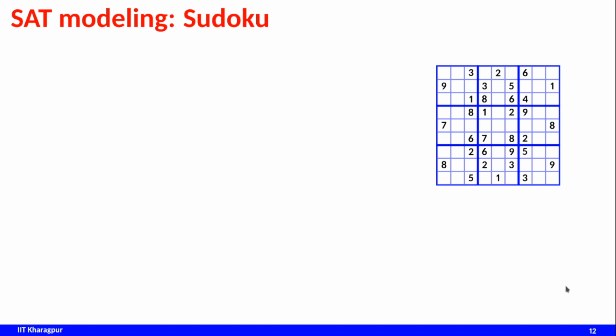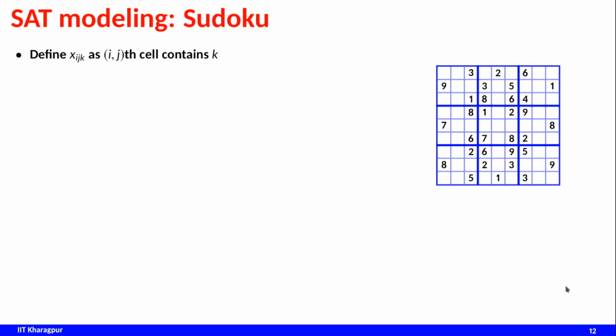Now let us look into the Sudoku problem, how we can model this one. So first we have to define the Boolean variables, and we will define this variable in this way. So xijk means the ijth cell contains the integer k.